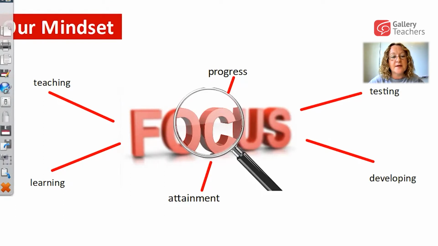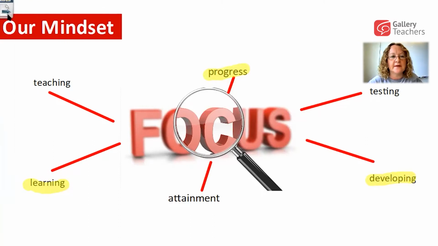And the key things that hopefully you will see is that learning is more important than us doing the teaching. The progress is more important than the result of a test. And the development of skills is more important than the testing of those skills. And we need to have those 3 areas quite key in our minds if we are going to differentiate effectively in the classroom.